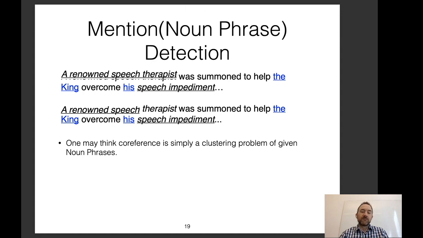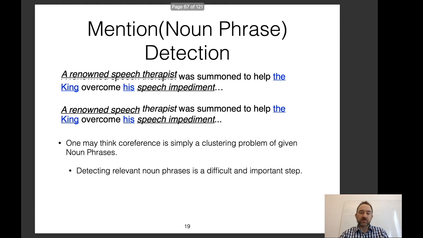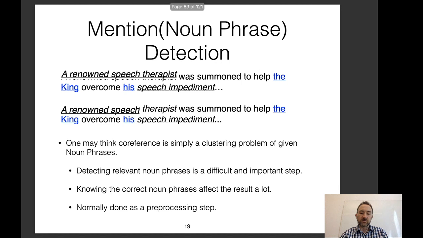And you might also think of coreference as a clustering problem given noun phrases, but detecting relevant noun phrases is a difficult and important step, and knowing the correct noun phrases affects the result a lot. So this shouldn't be overlooked as a difficulty in coreference resolution. Traditionally, this has been done as a pre-processing step, but recently several models do this in an end-to-end fashion.